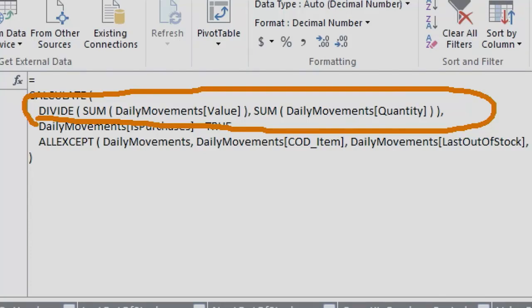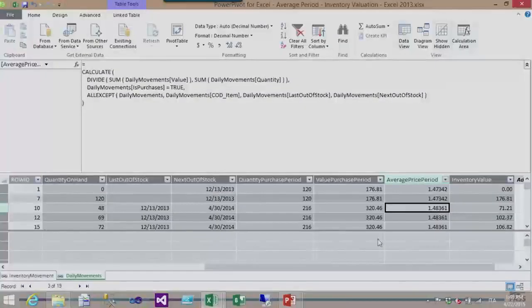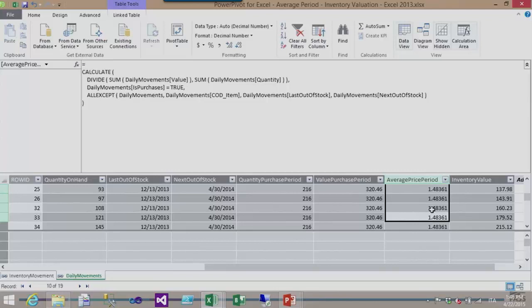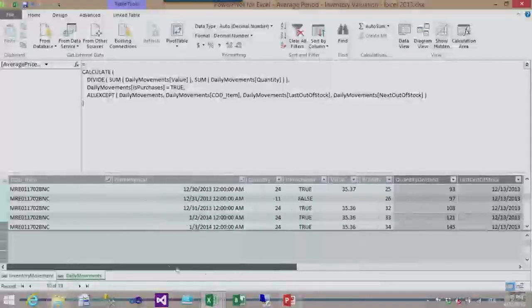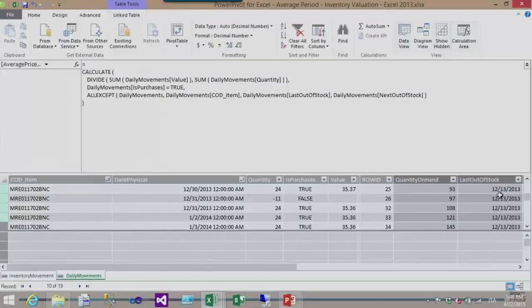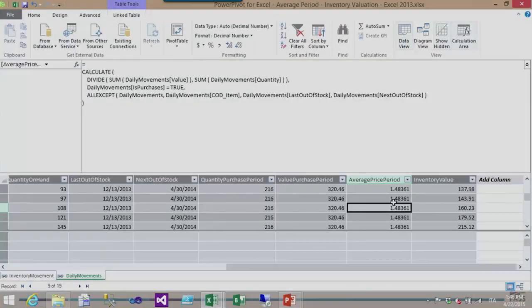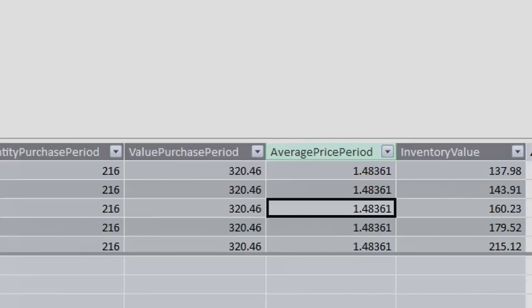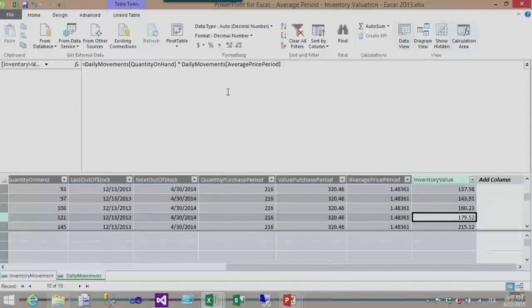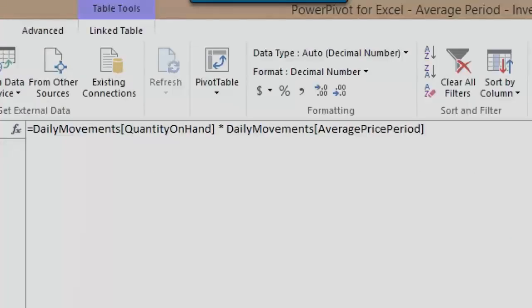Once I have this value, and as you see, this value is the same for all the transactions of the same product in the same period, I will multiply this value by the quantity on hand, and I obtain the inventory value, which is simply the multiplication between quantity on hand and average price period.